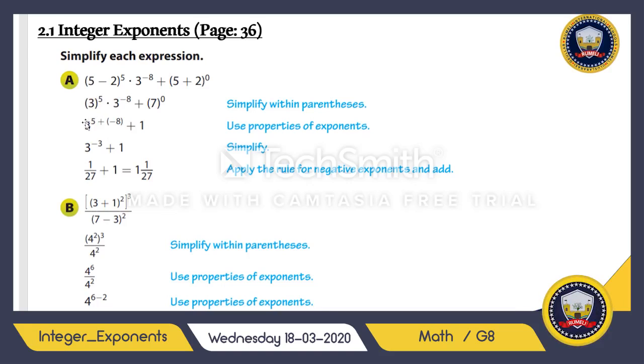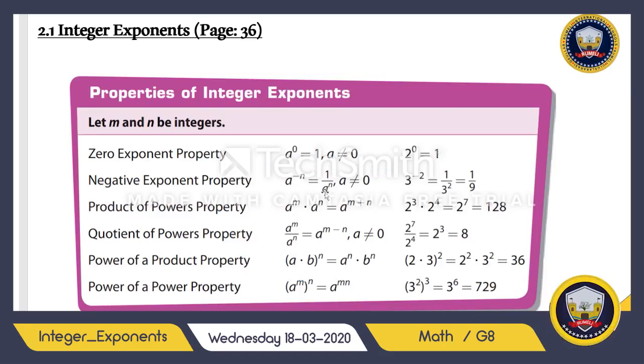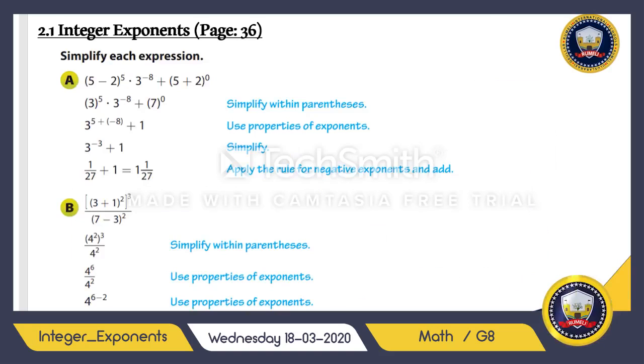So it is 3 to the power of 5 plus minus 8. 5 minus 8 is minus 3. So it is 3 to the power of minus 3 plus 1. And we have 3 to the power of minus 3 is equal to 1 divided by 3 to the power of 3. I'm using the negative exponent rule here. So this is 1 over 3 to the power of 3, that is 1 over 27, plus 1, that is 1 over 27 plus 1. Okay, we applied the rule of negative exponents.